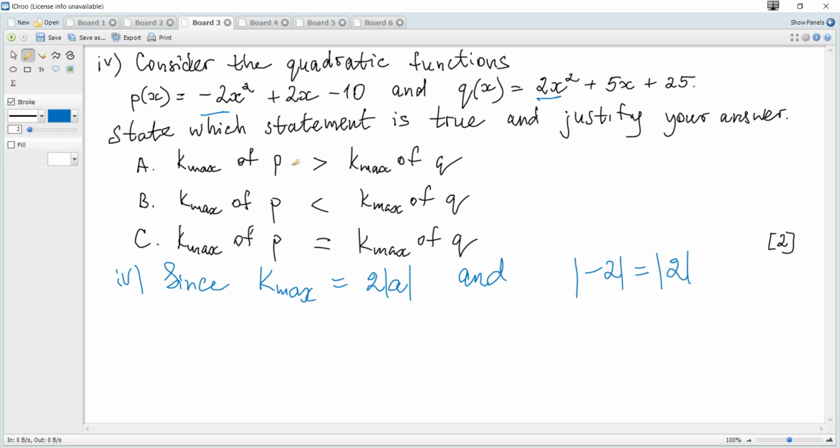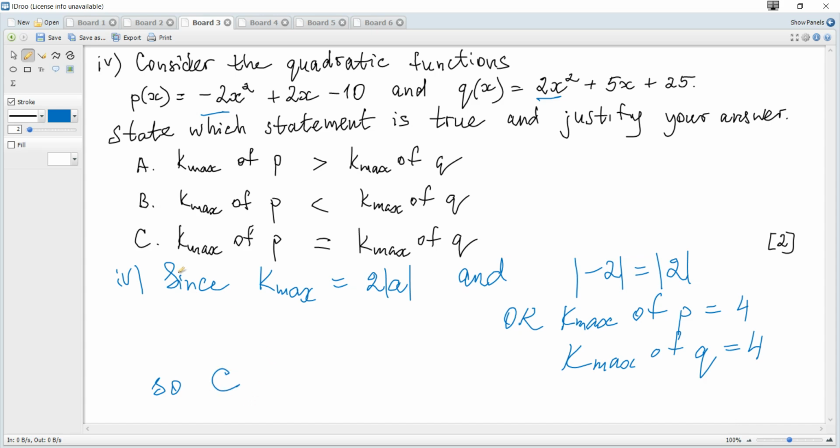Or you may calculate k max of p, which is 4, and k max of q is also 4. So C is correct.